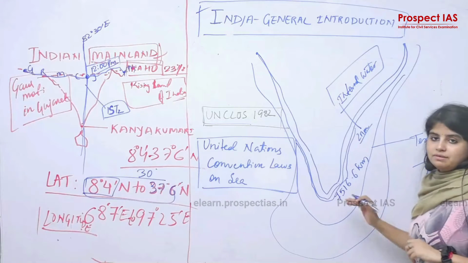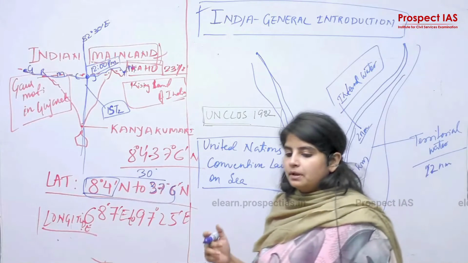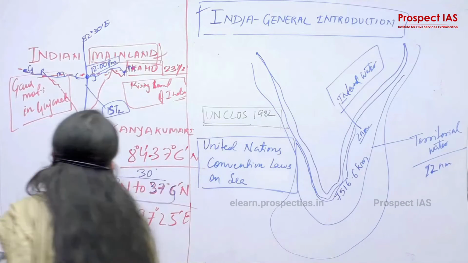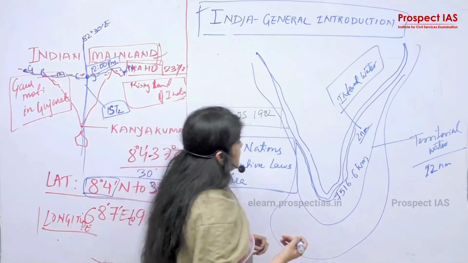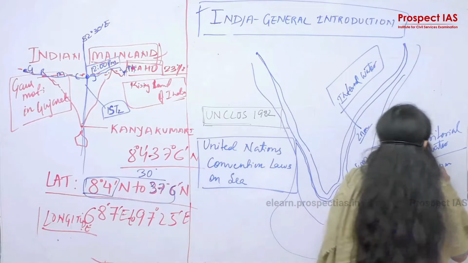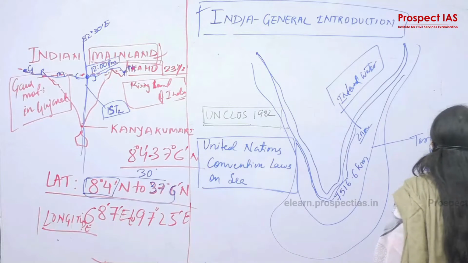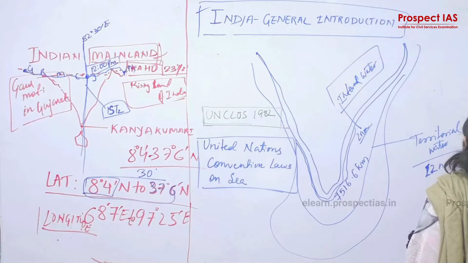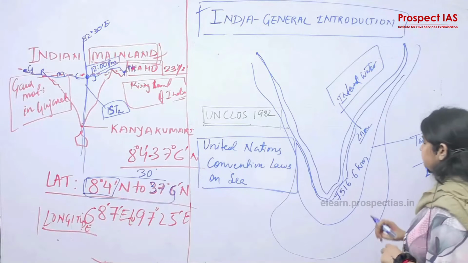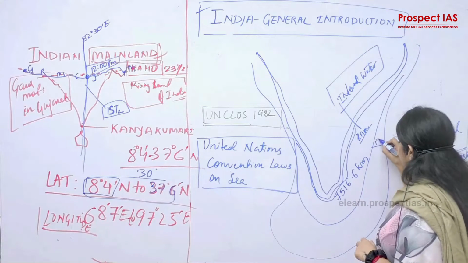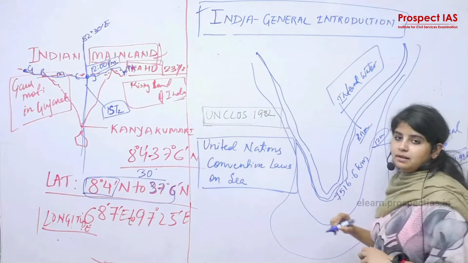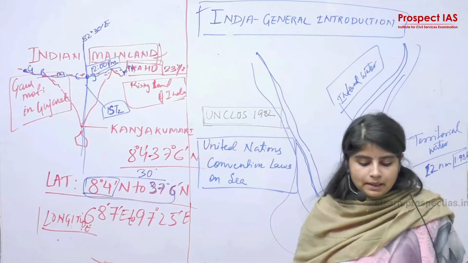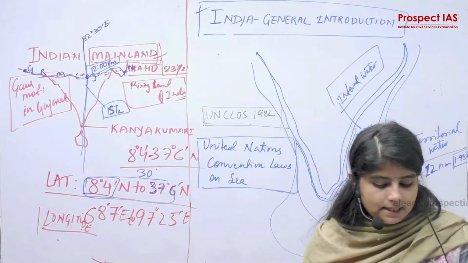A nautical mile is a scale for measuring area in the ocean, at 1.98 kilometers per nautical mile. So 2 to 12 nautical miles is the territorial boundary of the sea.